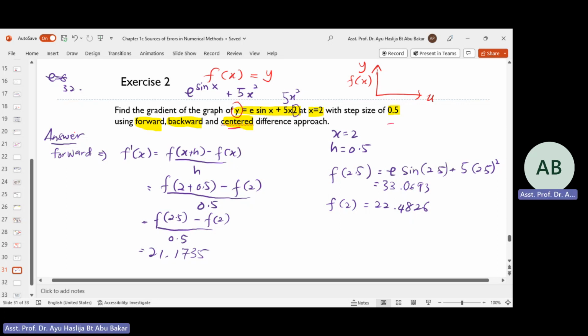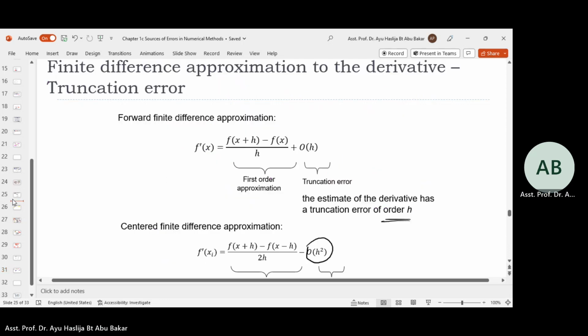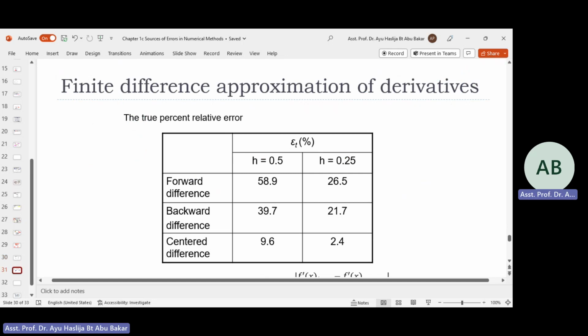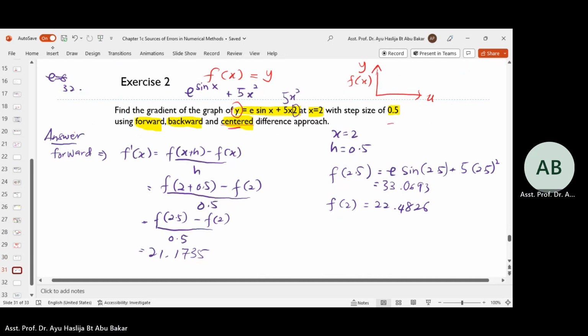Backward should be 17. This one uses shift ln, with radian, for the final answer.